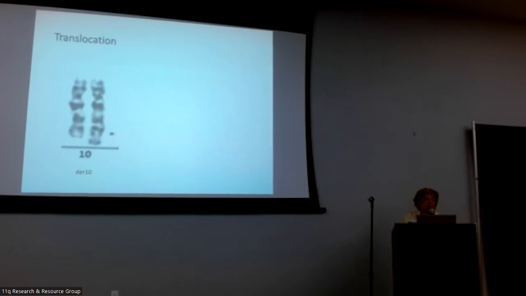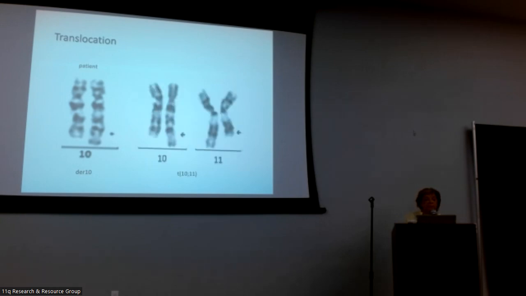If there is a translocation, you see the longer chromosome 10, you can call it DER10, derivative chromosome 10, or 10q plus. But you can see from one parent, who is not affected, that is missing a piece of chromosome 11, and the piece that is missing from the bottom of chromosome 11 is attached to chromosome 10.